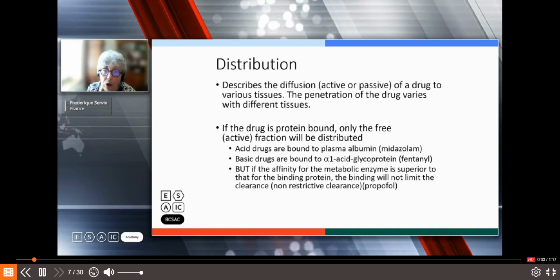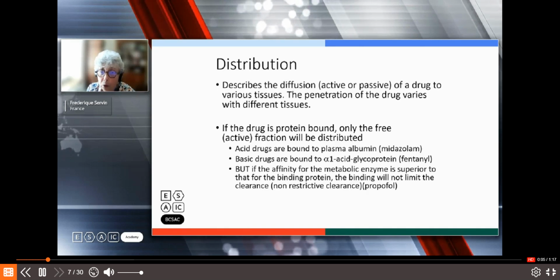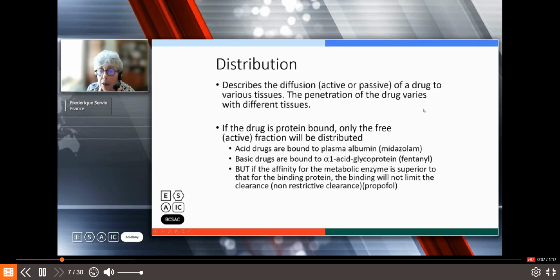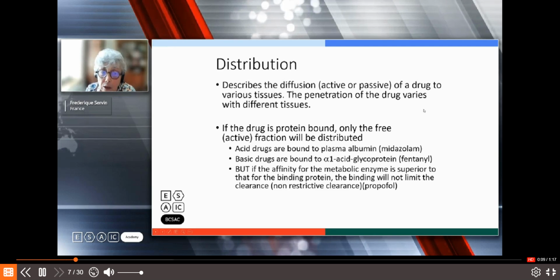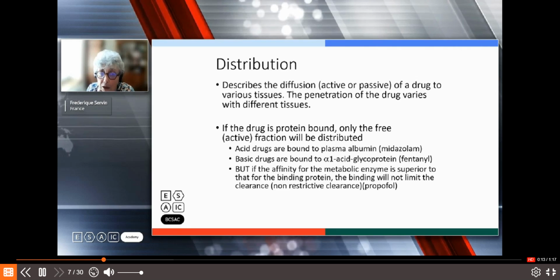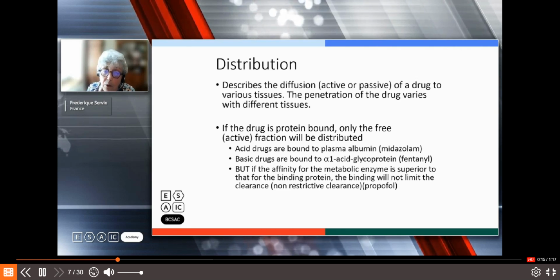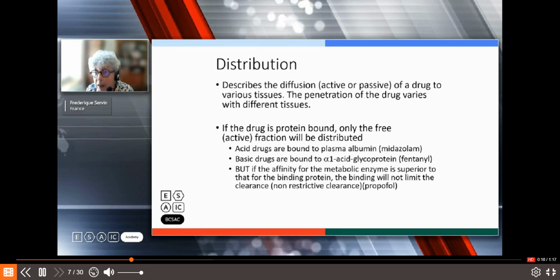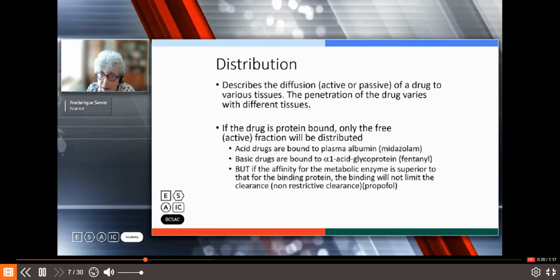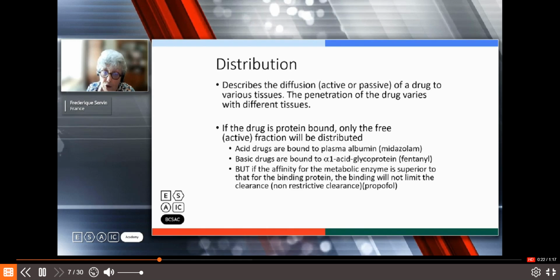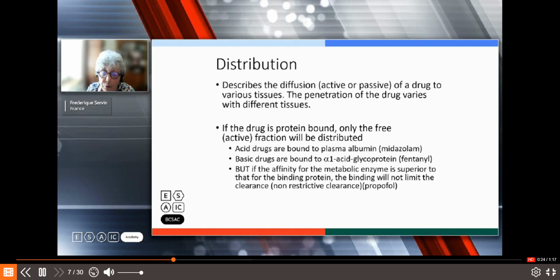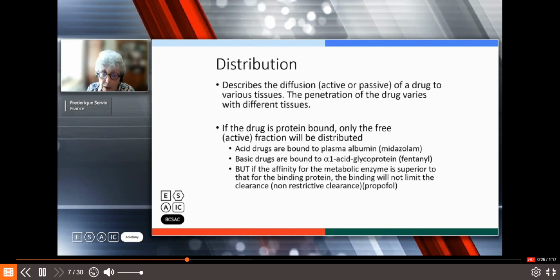Once the drug is in the systemic blood flow, it will be distributed actively or passively to various tissues. And the penetration of the drug varies with different tissues. A good example is the penetration of antibiotics in the prostatic tissue. If the drug is protein-bound, only the free fraction will be distributed.